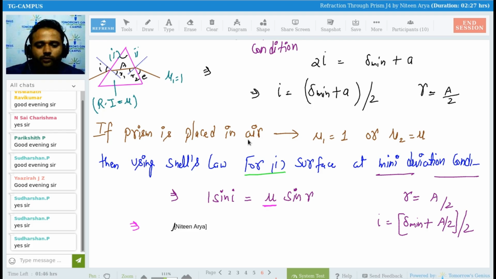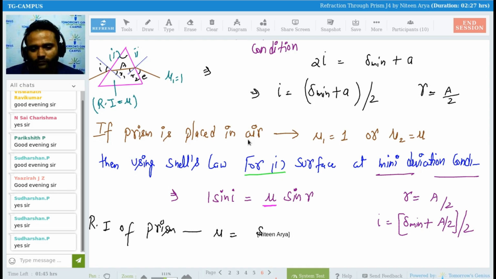Okay. So then this mu, refractive index, for minimum deviation condition, you can say refractive index of prism at minimum deviation condition.